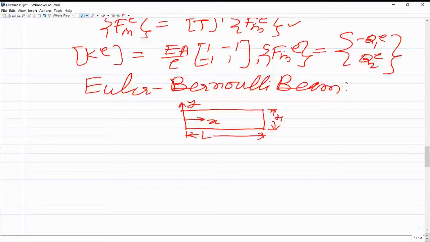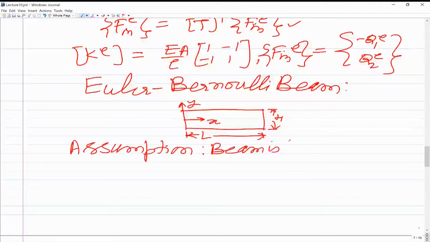The very basic assumption in the Euler-Bernoulli beam theory is that the beam is thin. So how do we say thin? If this height to length ratio is much less than 1, then we say the beam is thin.